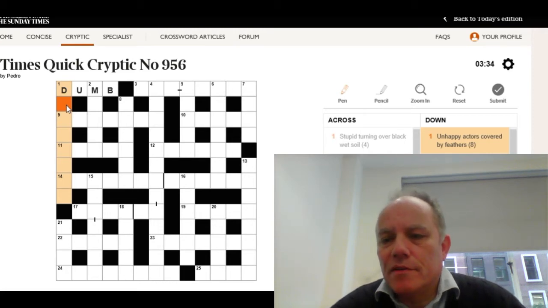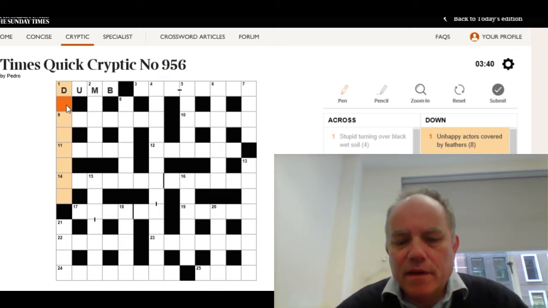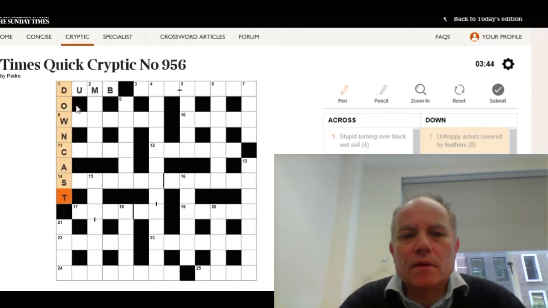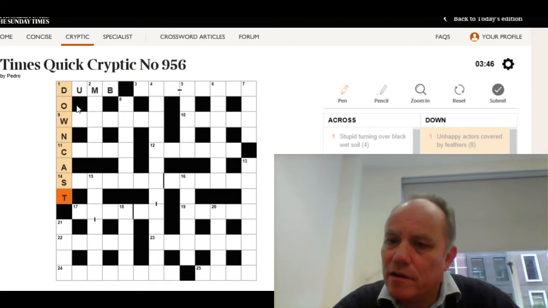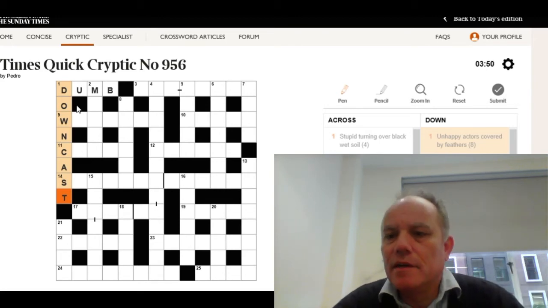So we need a word for feathers, then a word for the actors, and it all makes unhappy. So pause if you need to think about it. And the answer is downcast. And you can see how the cast there, or actors, have been covered by the feathers or down, and therefore it's become unhappy, downcast.